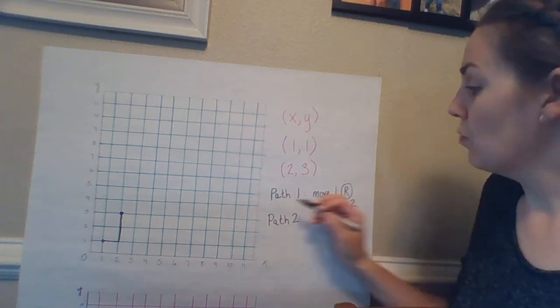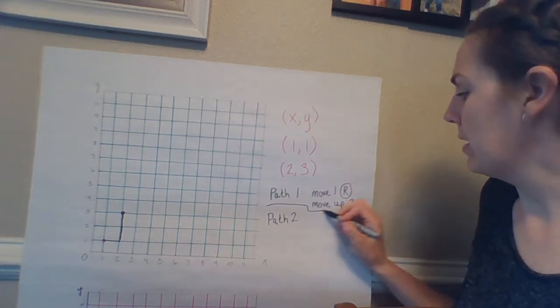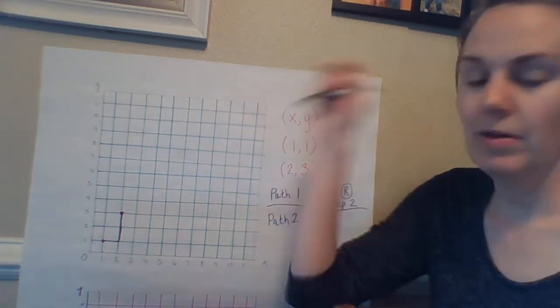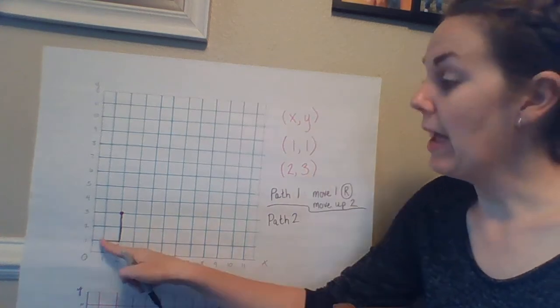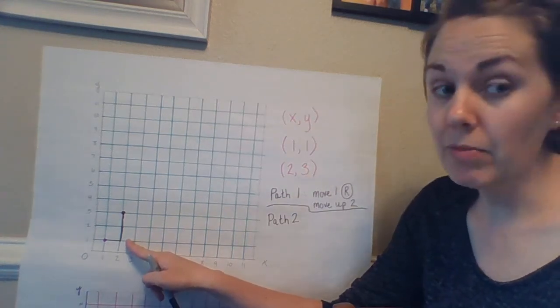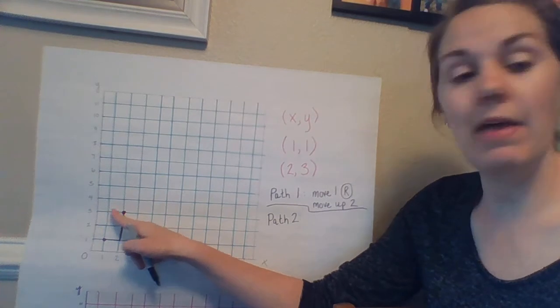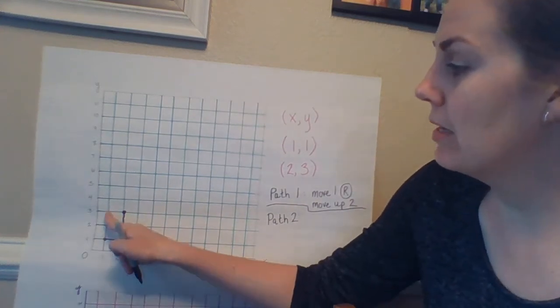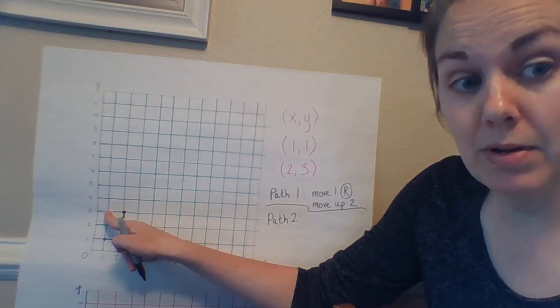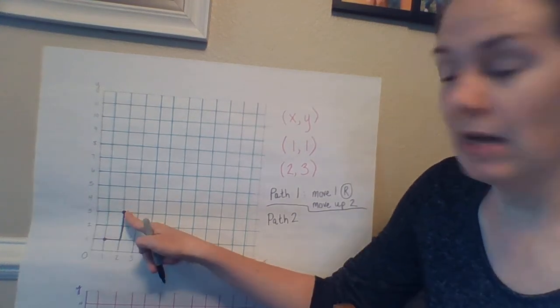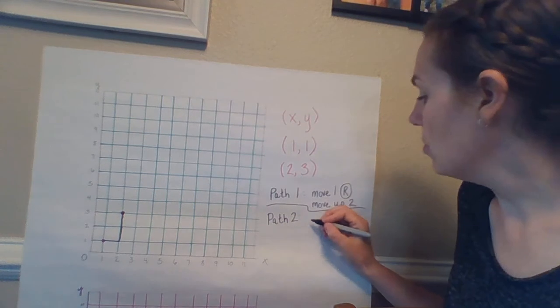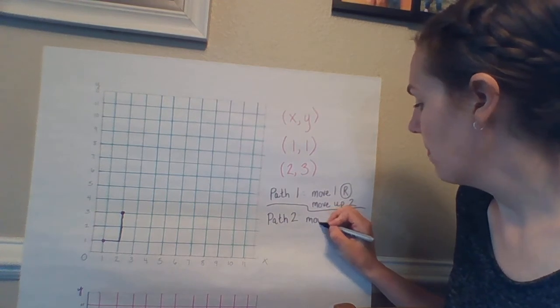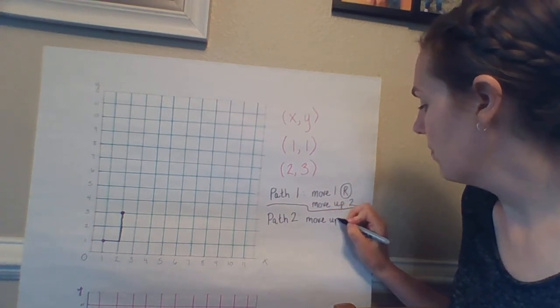Now, that's just one way that we can find our path. That's if we follow the x-axis first. But we could also go up first and then go over. So if I went up, I would still be going 2 spaces up to get in line with that first dot. So path 2, I would say move up 2.